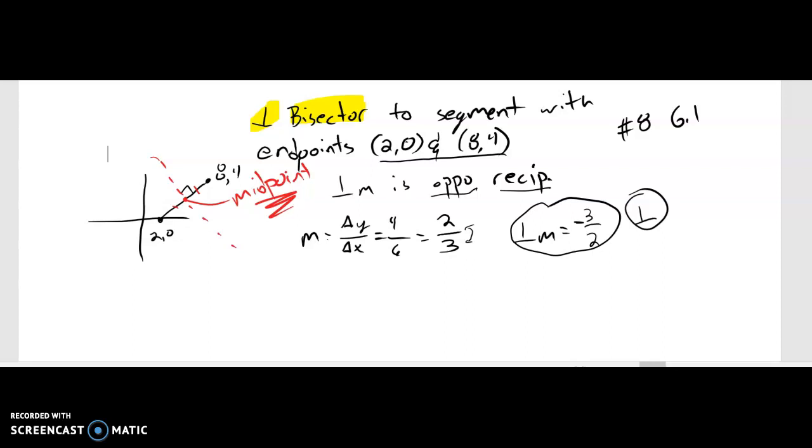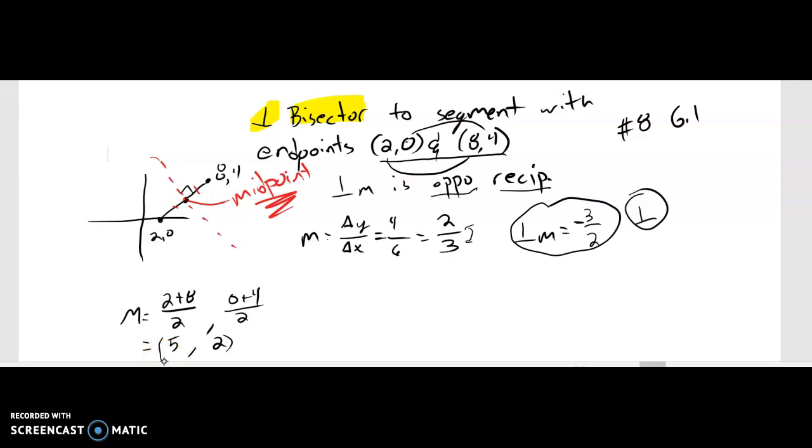I look at what is halfway between 0 and 4, and what is halfway between 2 and 8. Remember, to find halfway, I take 2 plus 8 divided by 2 for my x, and then for my y, I take 0 plus 4 divided by 2. That gets me (5, 2). So this is my midpoint. That is the point right there.